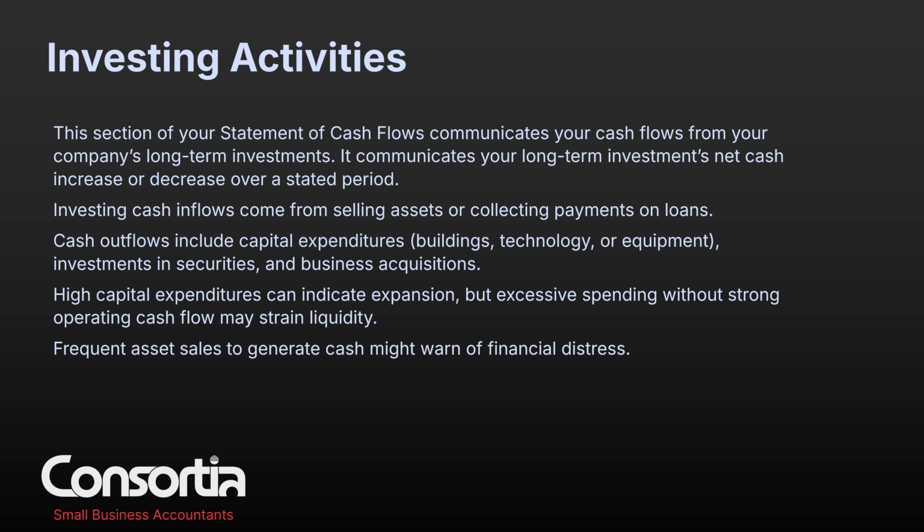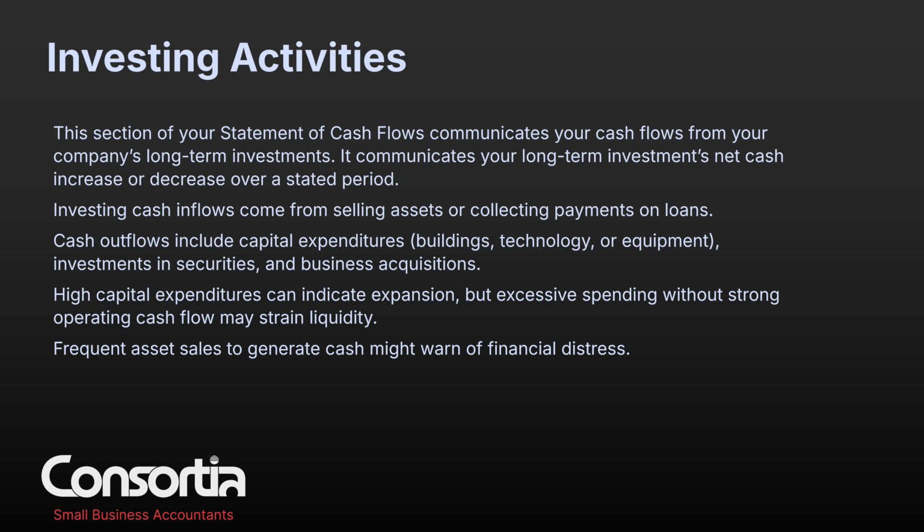Investing activities. This section of your statement of cash flows communicates your cash flows from your company's long-term investments. It communicates your long-term investments' net cash increase or decrease over a stated period. Investing cash flows come from selling assets or collecting payments on loans.